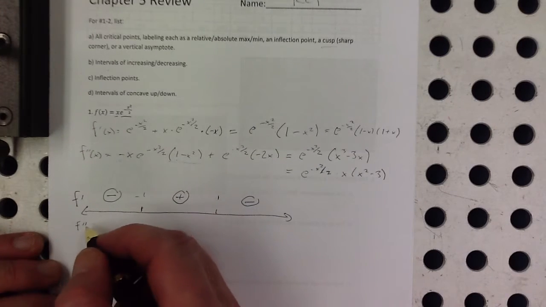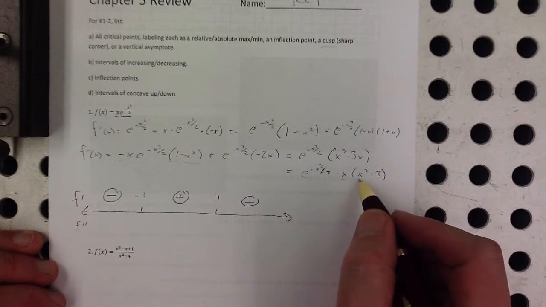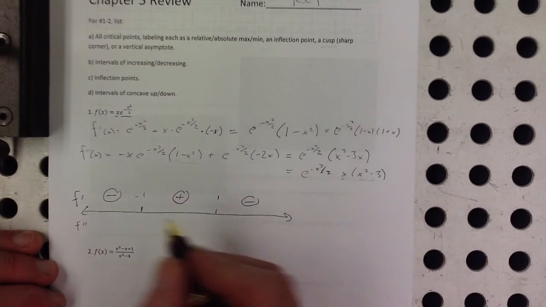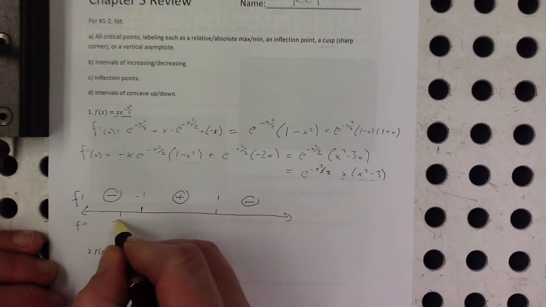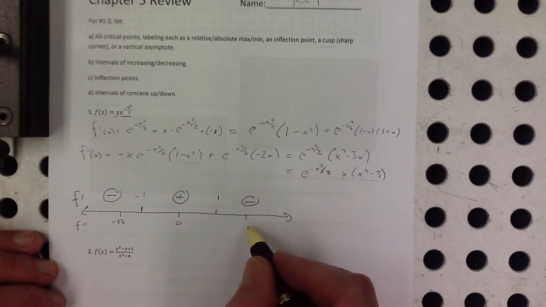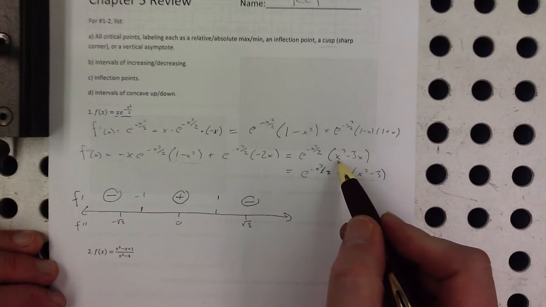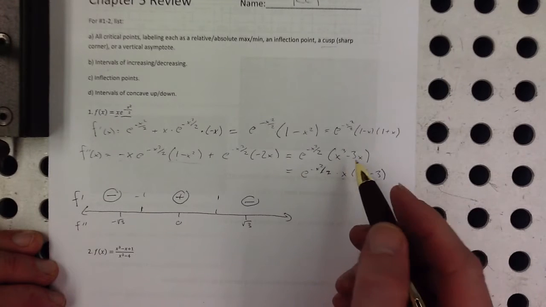And then your second derivative, we have zeros at 0 and plus or minus the square root of 3. And this is a cubic function, so it's going to go negative, positive, negative, positive.